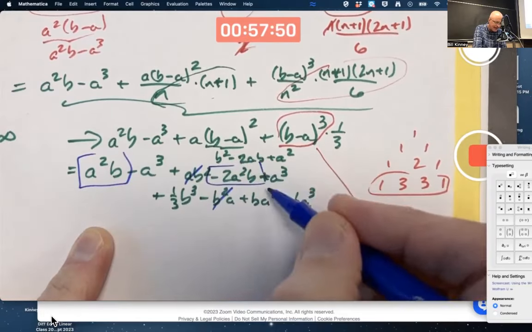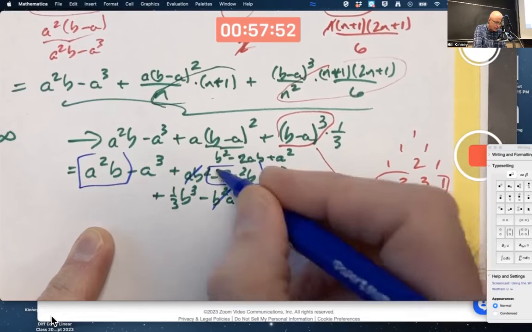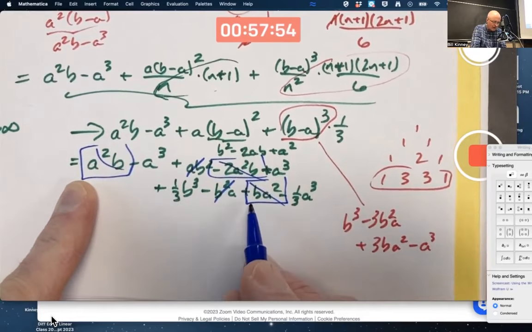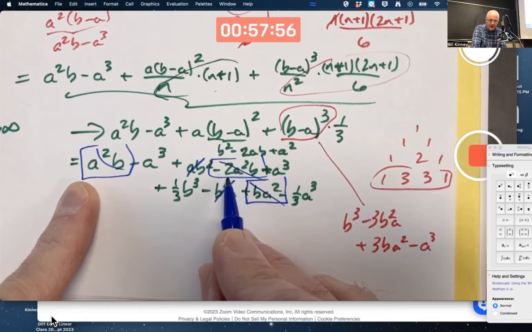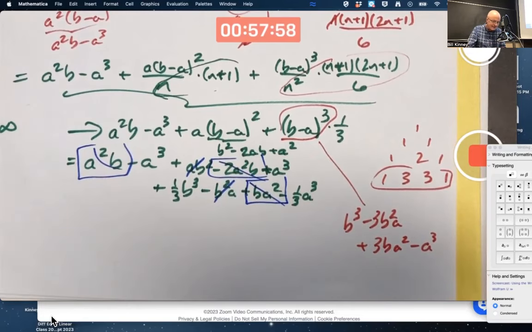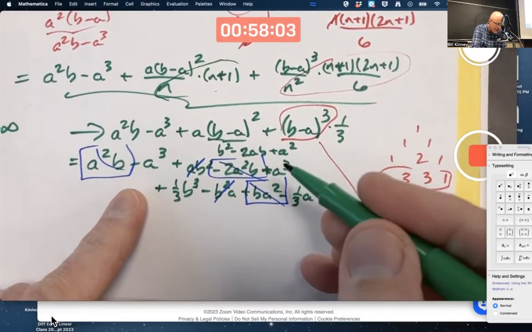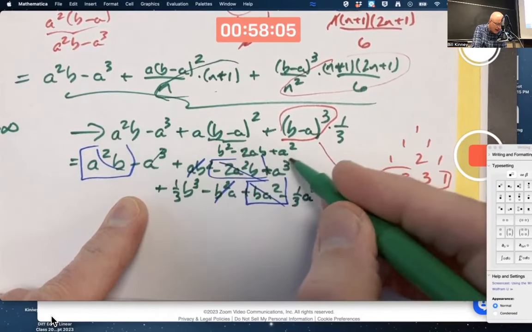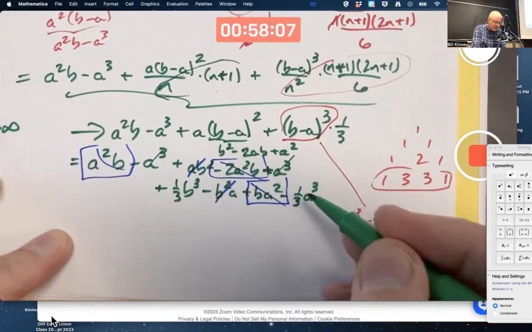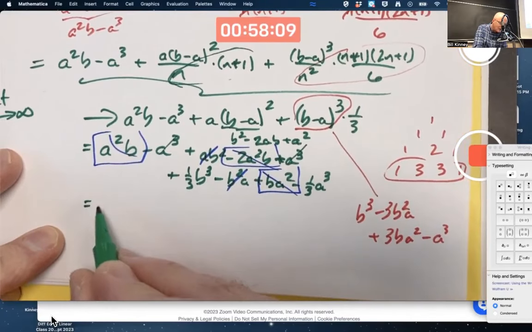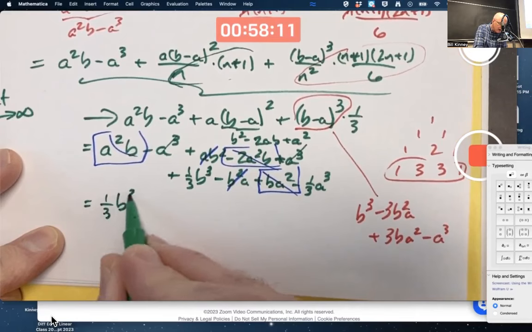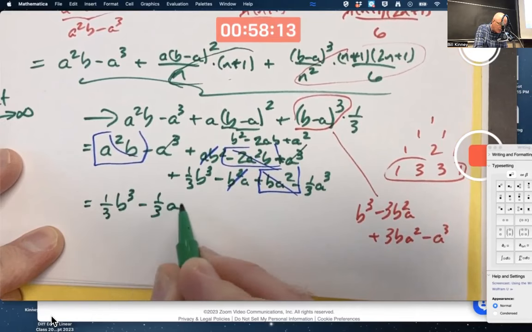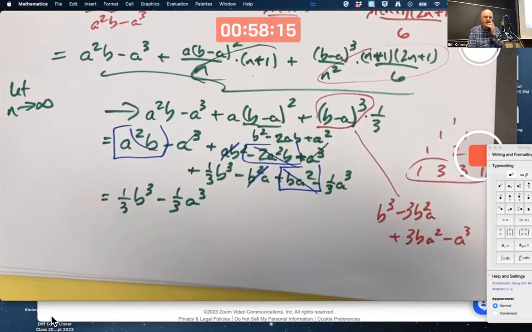This, and this all cancel because there's plus ones there and minus two there. This is simplifying quite a bit here. What's the a? The a cubes cancel here and here. This simplifies quite a bit to 1/3 b cubed minus 1/3 a cubed. Something fairly simple.